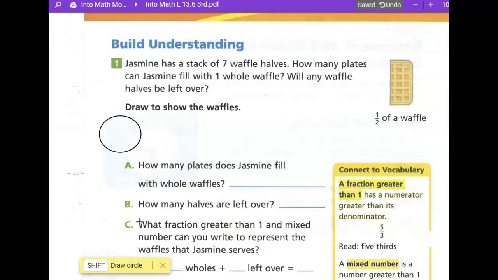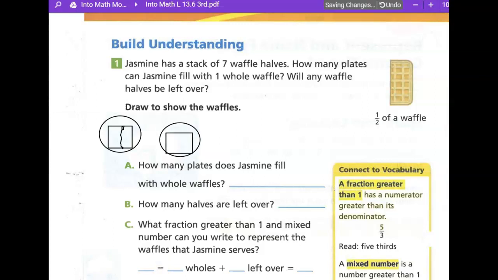And how many waffle halves will fit on a plate? Well, it said whole waffle, so we better draw a whole waffle. That's 2 halves. Okay, there's 2 of our 7 halves. So we're going to need to draw another circle. And we're going to put another whole waffle on that. There's 4 of our waffle halves. Can we draw another circle? Yep, we can, since we're adding 2 each time.